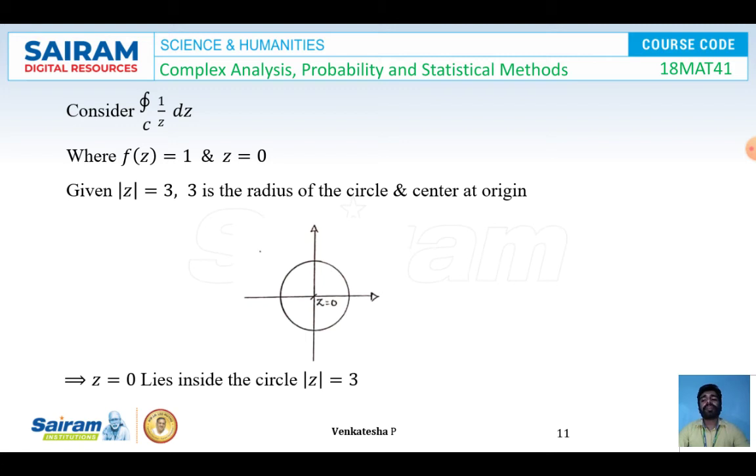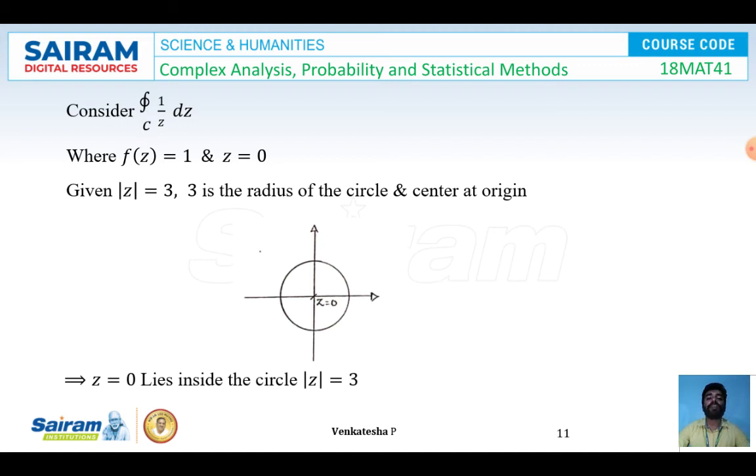Now the next integral is the integral over the region C of 1 by z dz. So 1 by z in the sense the function will be equal to 1 here and z is equal to 0. So now plot the circle of radius 3 and choose the points in the circle. The point z is equal to 0 means it's the origin point. It obviously lies inside. Hence I can say that the point z is equal to 0 lies inside the circle mod z is equal to 3.